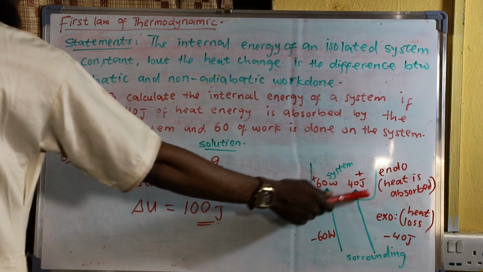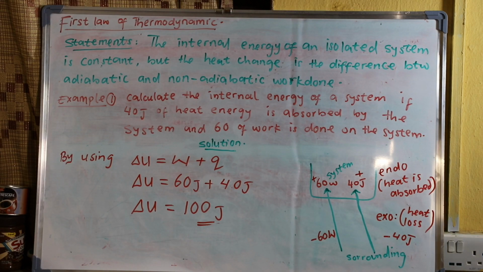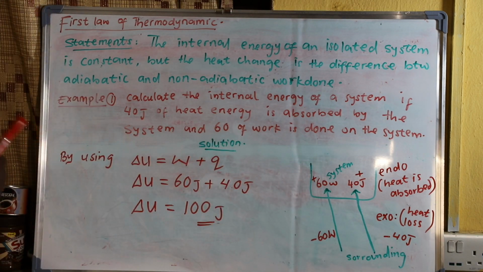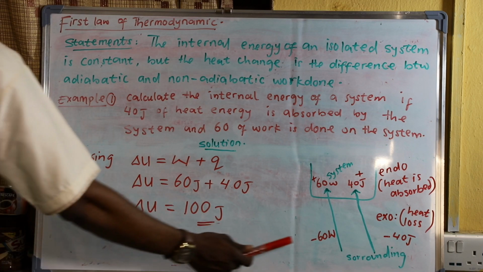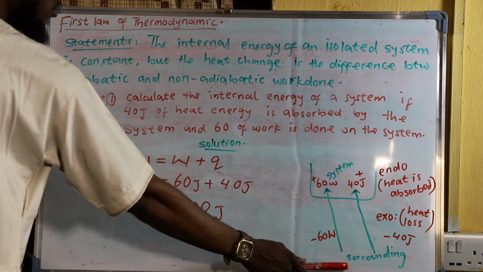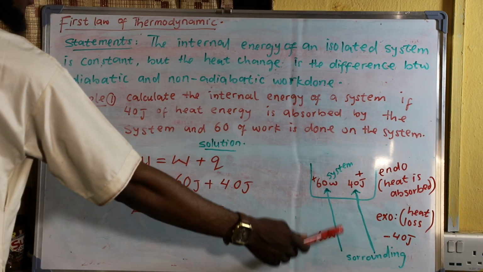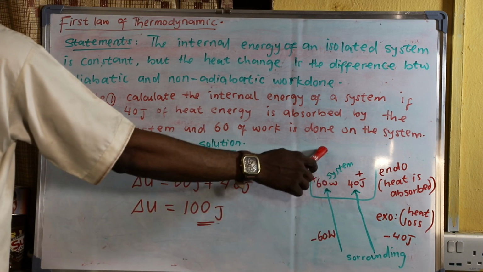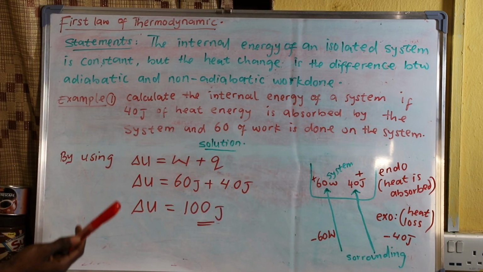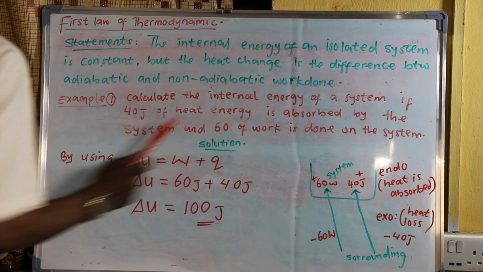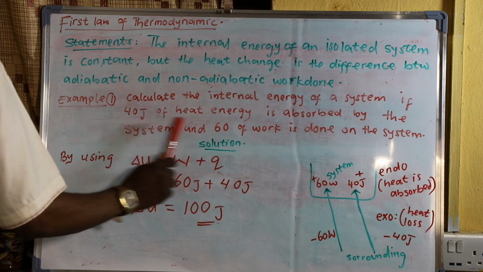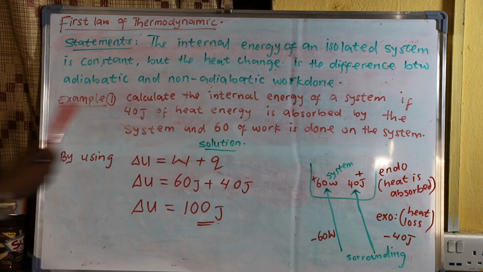So let's take this as the system, and here is the surrounding. 60 joule of work is done on the system. That means the surrounding loses 60 joule of work to the system, and the system gains 60 joule of work. That is positive 60.